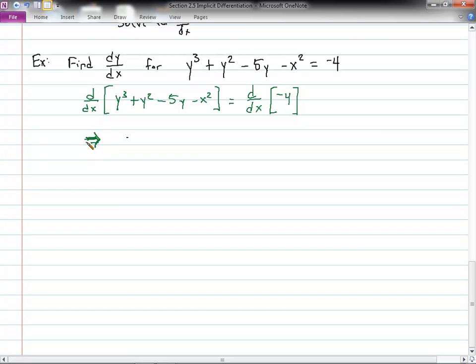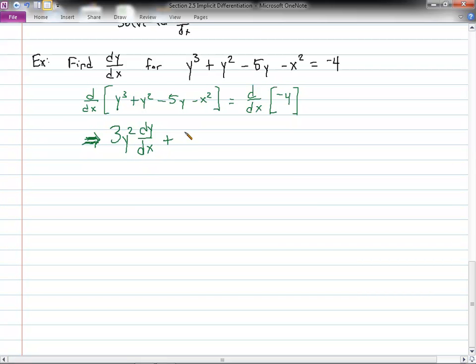That implies, what's the derivative of y cubed with respect to x? 3y squared dy dx, right? Because it's a y, you got to multiply by dy dx.